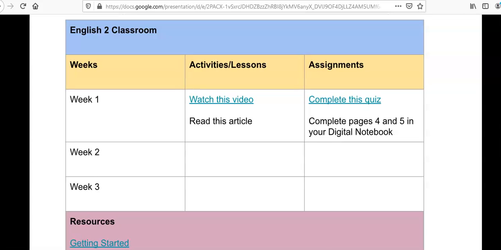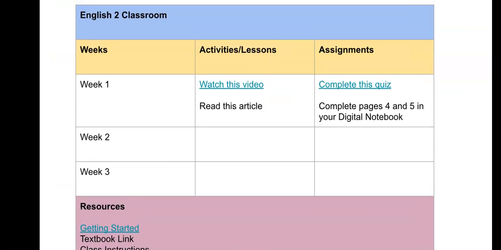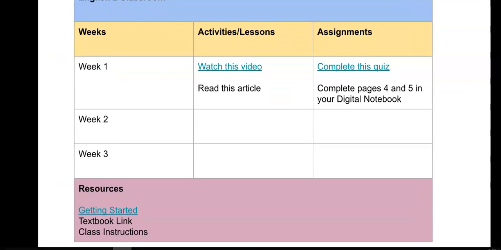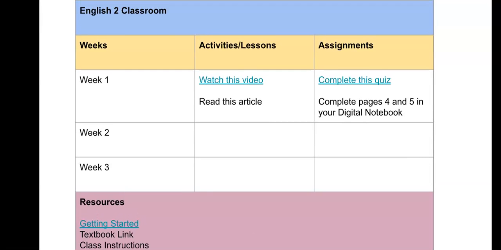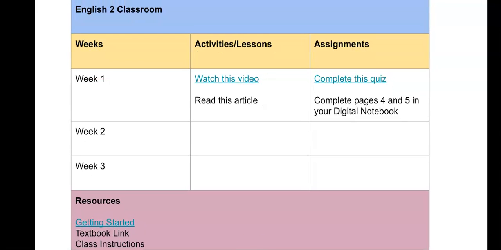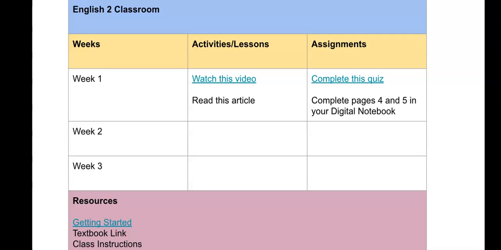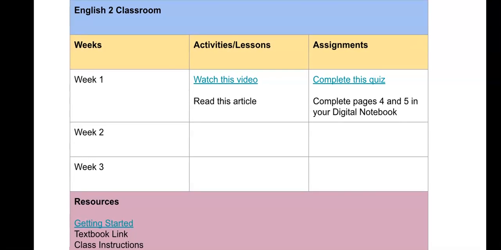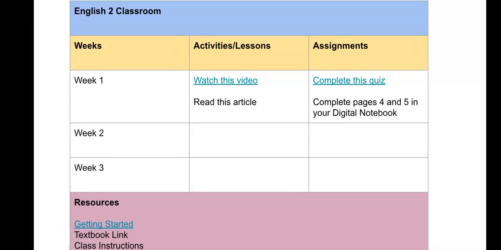It shows up just like a real web page, right? They don't see all those other Google Slides options. So that's kind of the only difference between sharing that link and then publishing it to the web. But since this is your class web page, you certainly could click publish to the web instead of just grabbing that link. And this is going to look a bit more professional for your class web page.